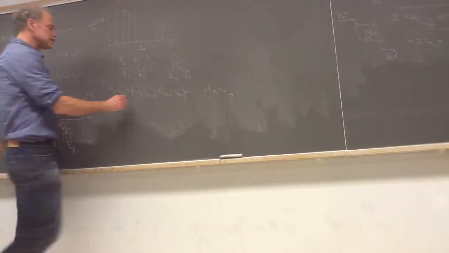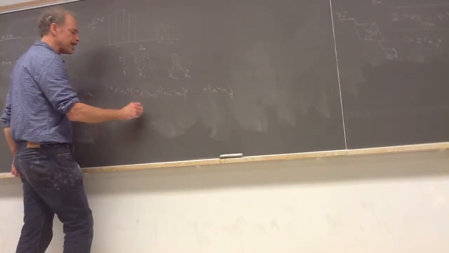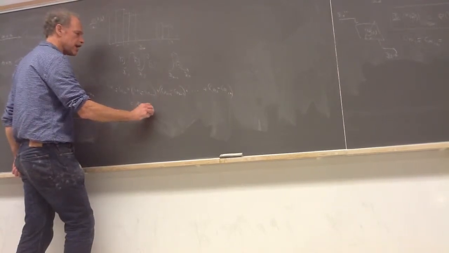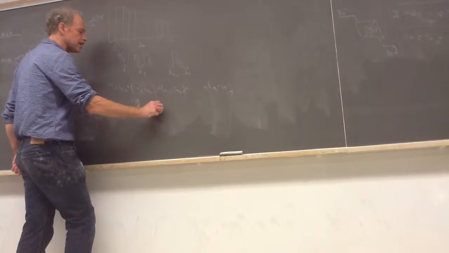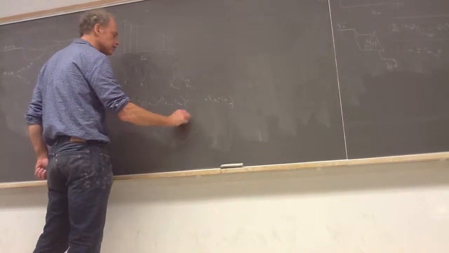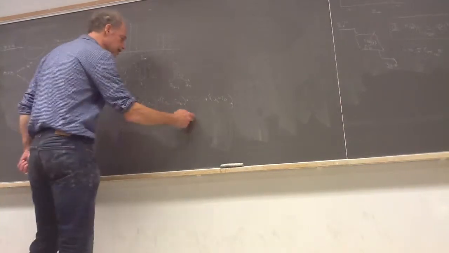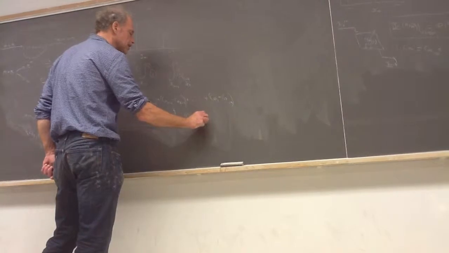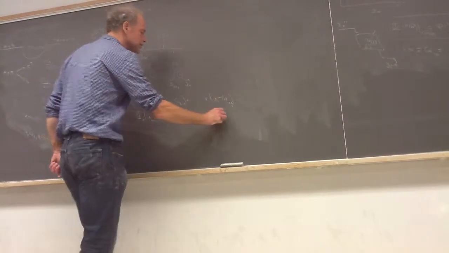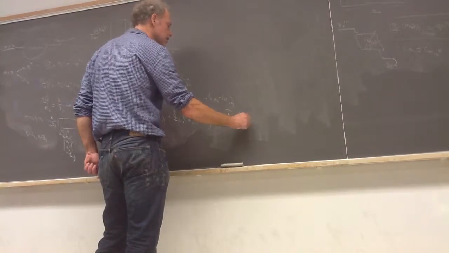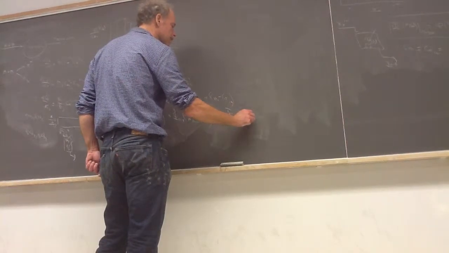And I can note that this is equal to phi for the nth reactor times Ca n minus 1 minus Can, plus phi for the n minus first reactor times Ca n minus 2 minus Ca n minus 1, plus dot dot dot, phi for the first reactor times Ca in minus Ca1.